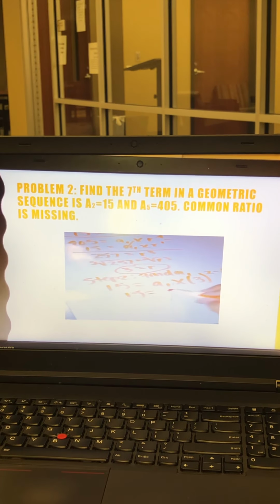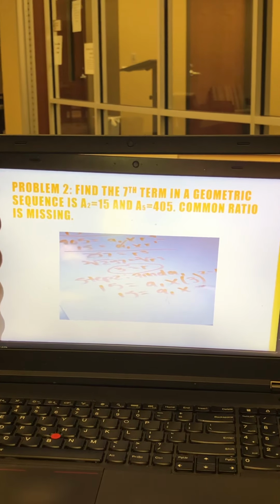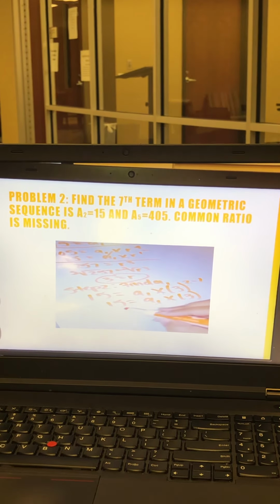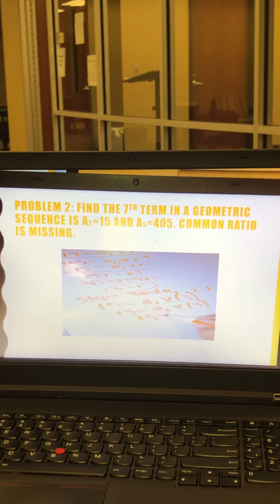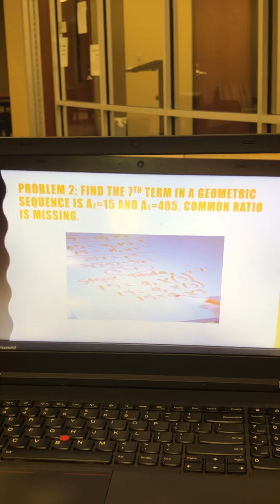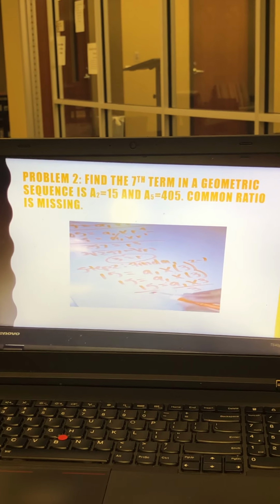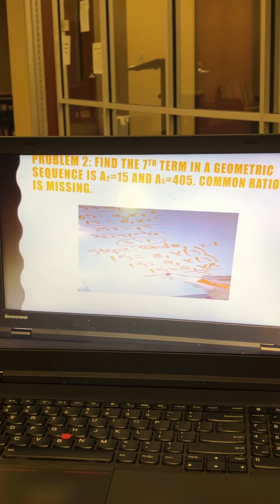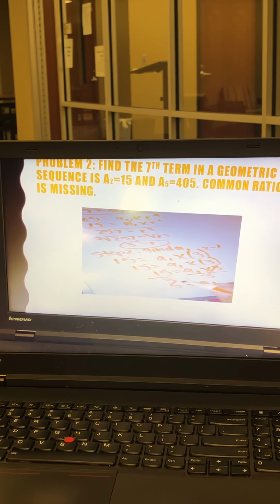So you have 15, first term, 3, 2 minus 1 is 1. So now you have 15 equals first term times 3. To get this first term by itself, we're going to divide everything by 3. These cancel. So the first term is 15 divided by 3, which is 5.